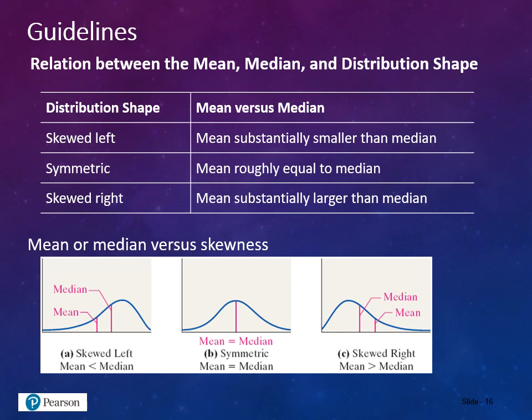If it's symmetric, the mean is roughly equal to the median. And if it's skewed right, the mean is substantially larger than the median. In the last example, what did we have? Did we have data that was skewed left, symmetric, or skewed right? Well, remember the mean was much larger than the median. So we had data that was skewed right.